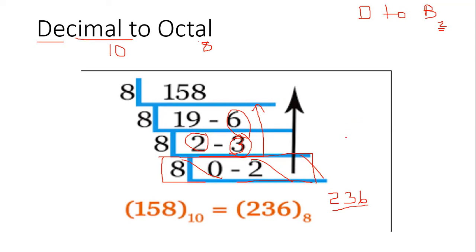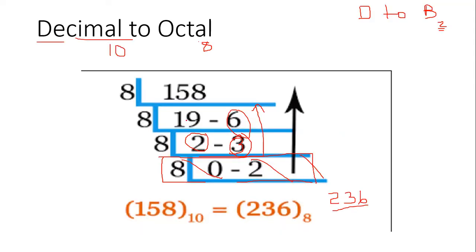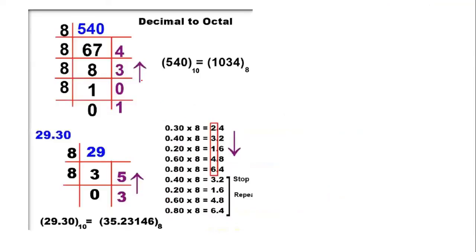So we saw one example. We will try seeing some more examples so that you get a better idea. We will take this example. I have taken 540 as my given number. What you need to do is keep on dividing it by 8.